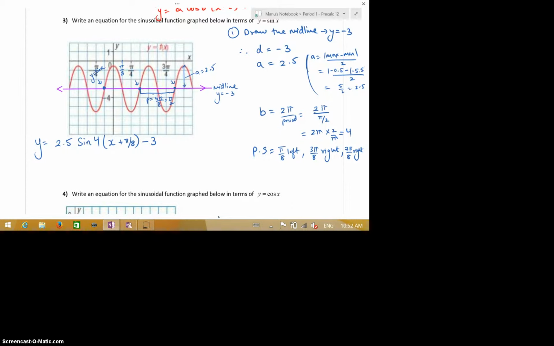I could also have written y equals 2.5 sine 4, x, 3 pi over 8 units to the right, so x minus 3 pi over 8, minus 3.